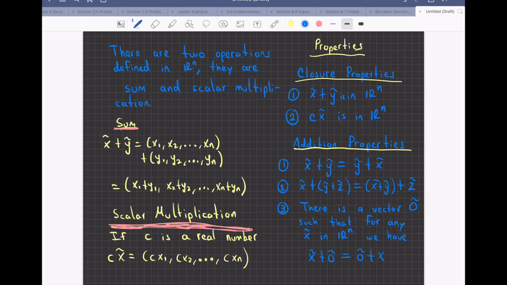This property means that always in Rn, we have a vector such that when you add it to any other vector, the result is the same vector. I mean, this zero vector does nothing when we apply this operation to any other vector.